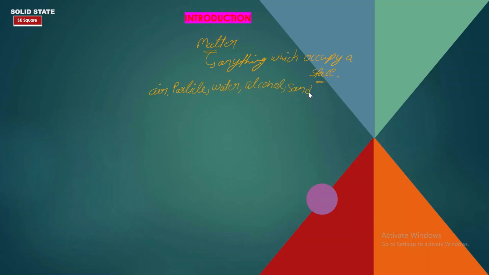So on that basis, matter is divided into three general categories. First is solid, then liquid, and then gases. All matter exists only in three general states, not more than three. Got it?